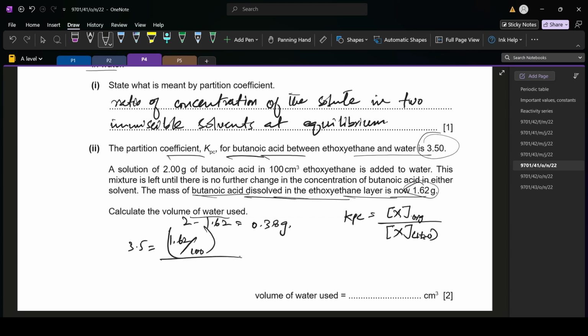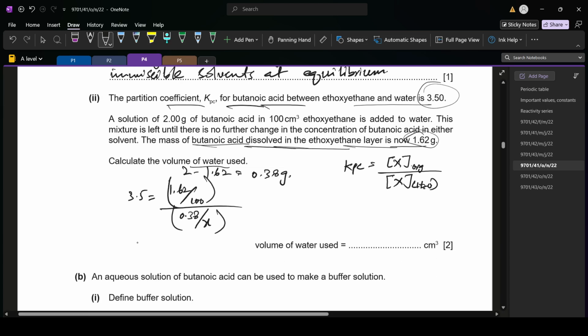In water it will be 0.38 divided by X, where X is the volume of water used. So now the equation is ready. You will calculate the value of X, and X will be 8.82 cm3. This is your final answer.